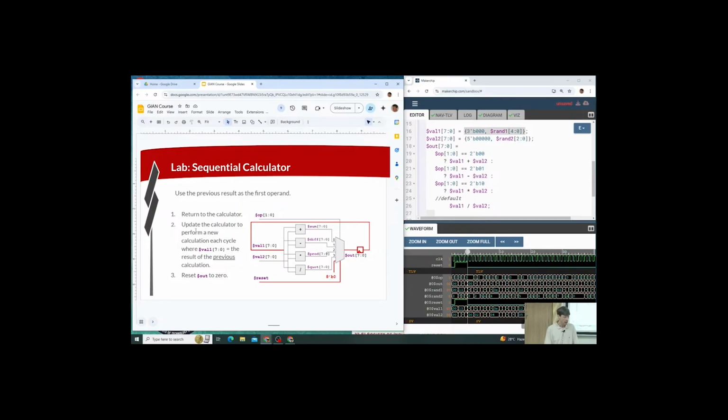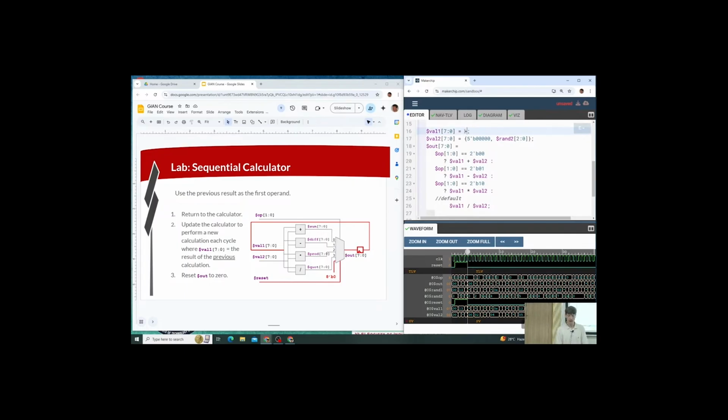Right? So I'll do the recirculation first. Okay, so it used to be that val1 was essentially dangling. We had the random value hookup. We're going to remove that hookup and provide the recirculation. So that's up here. No longer driving that randomly.